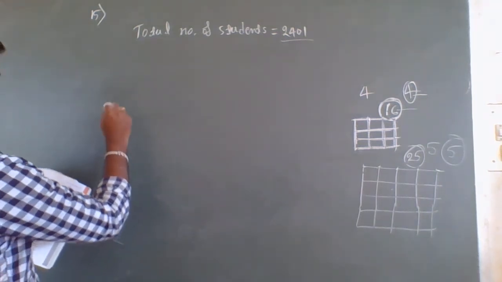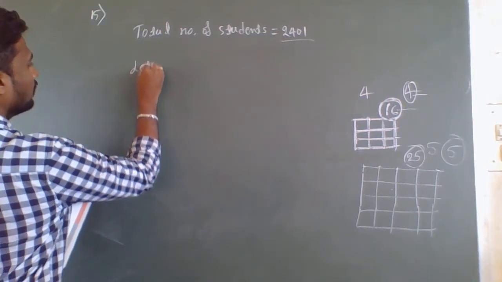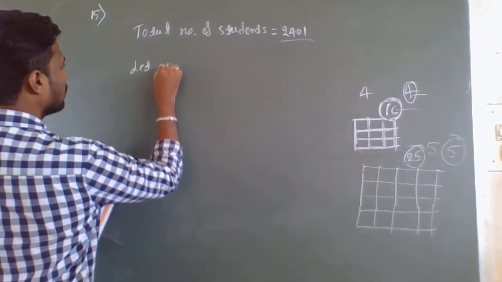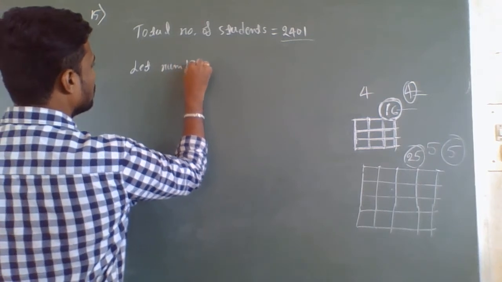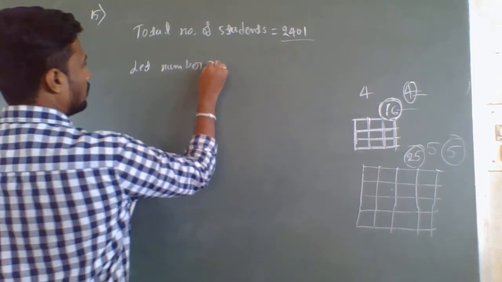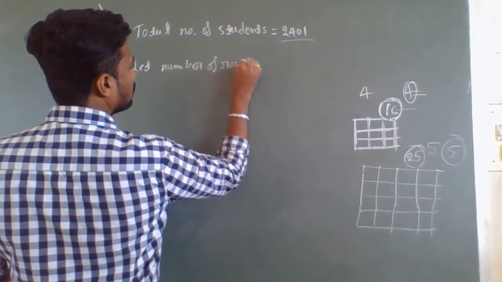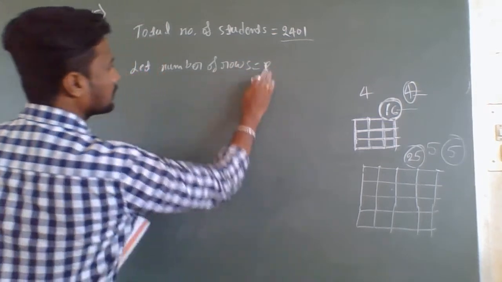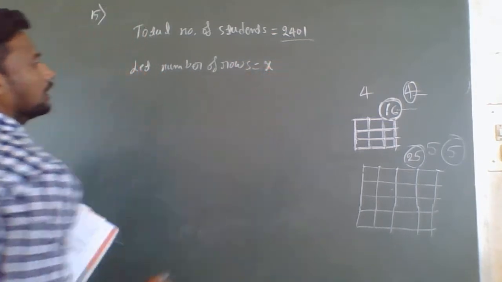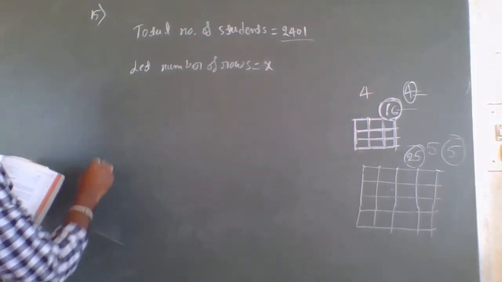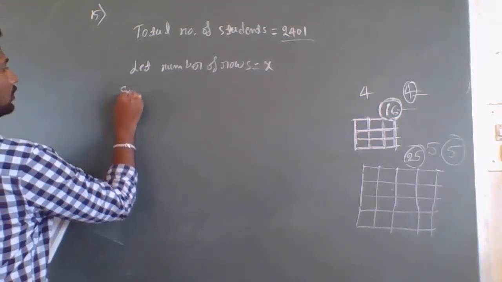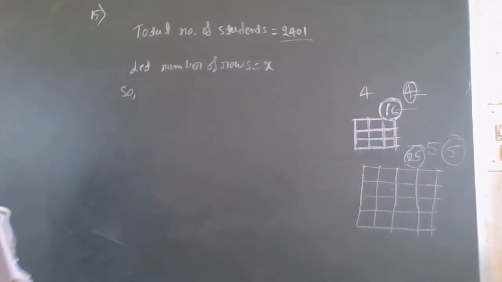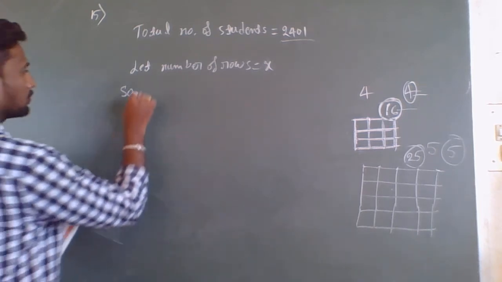So here, what did they do? They considered, let the number of rows equal x, any number x. Then we know that the number of rows equals the number of columns.